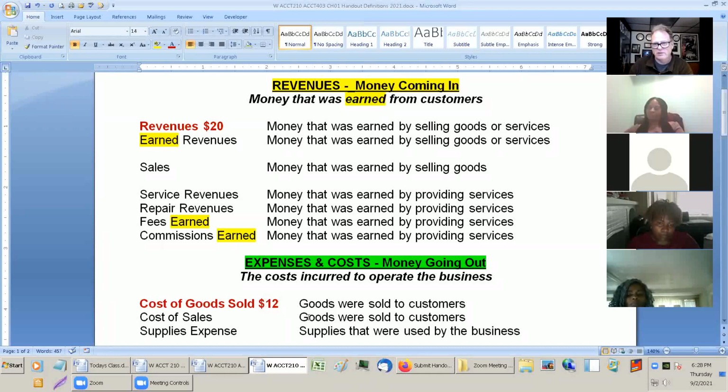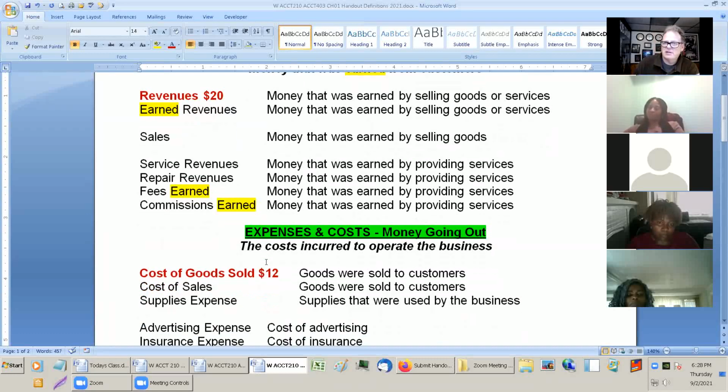Now, just intuitively, how much money did I make on that sale? $8. Yeah, $8. And we didn't have to talk about anything about accounting. If I told you I bought something for 12 and sold it for 20, everyone would know you made $8 on it. But we're going to put it in a formal format. And that's kind of all this is.